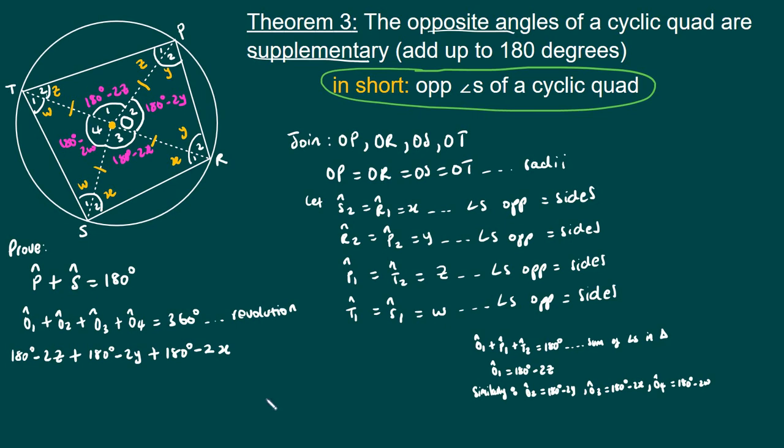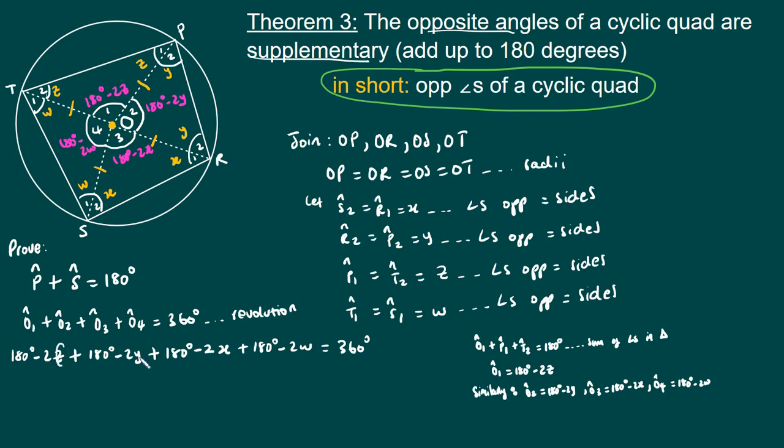It's still there. So we have 180 minus 2x, and then O4. Where is O4? We said it's 180 minus 2w. 180 degrees minus 2w is equal to 360 degrees. Good people, it's simply saying 180 minus 2x, 180 minus 2y, 180 minus 2z, 180 minus 2w.